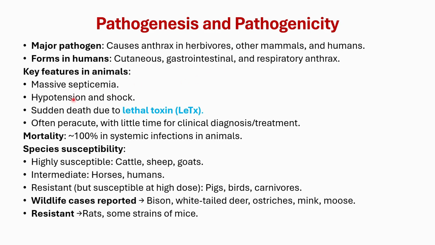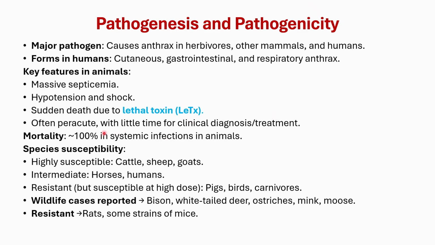In animals, the disease is typically peracute to acute, characterized by massive septicemia. The bacteria multiply rapidly in the bloodstream, producing potent exotoxins that lead to severe hypotension, shock, and sudden death. Death occurs primarily due to the action of lethal toxins, which disrupt cellular signaling pathways and cause widespread tissue damage.